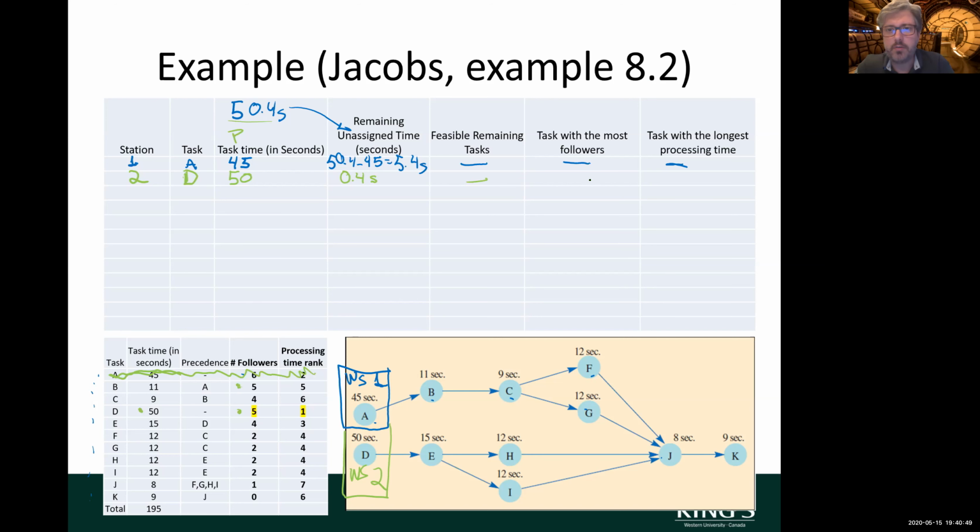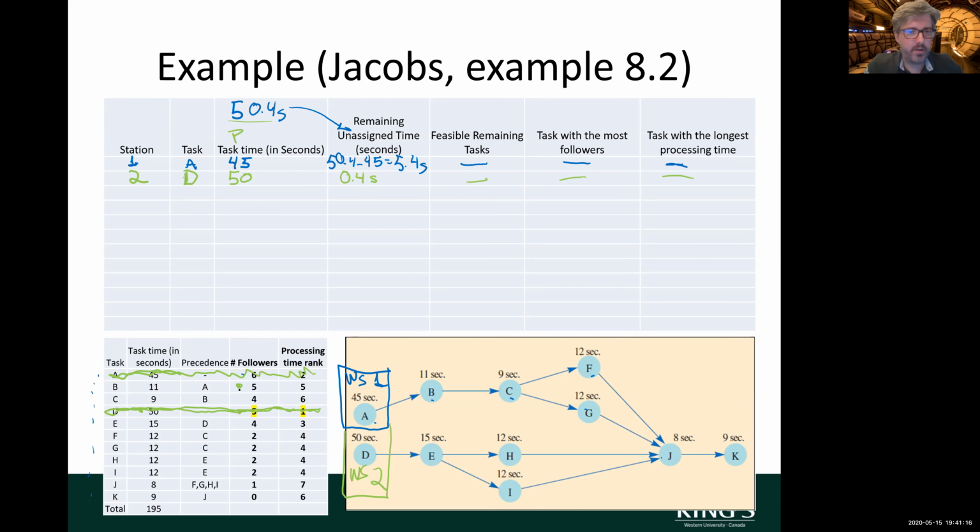So can't do anything, can't do anything, can't do anything. So I'm going to cross D out. You're out, my friend. Gone. So let's see. Now, sorry, what's left? Well, let's look at the one with the highest number of followers. Now this seems to be B back again.